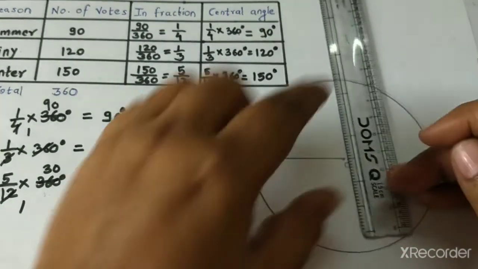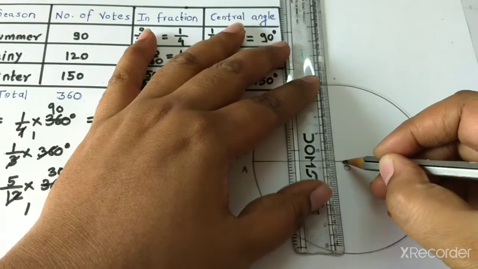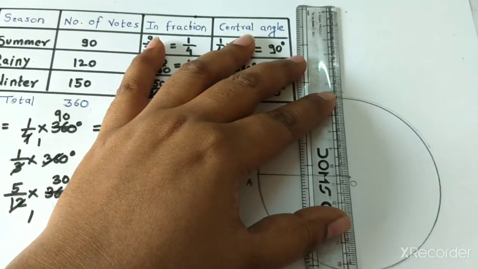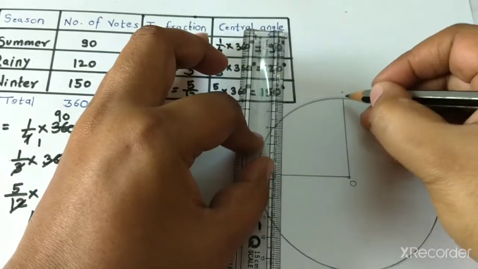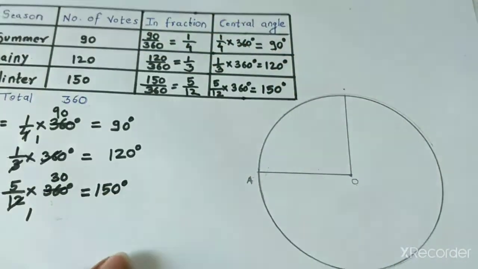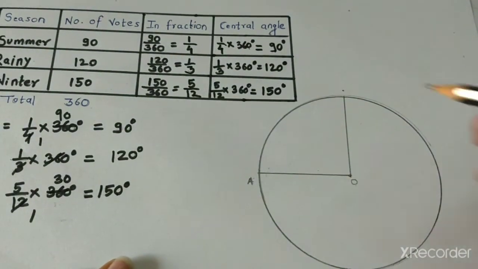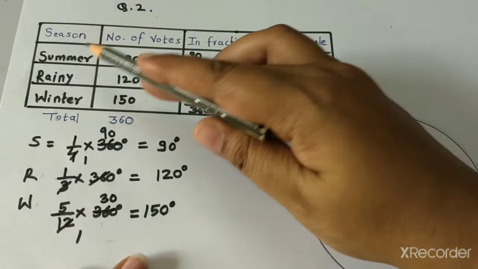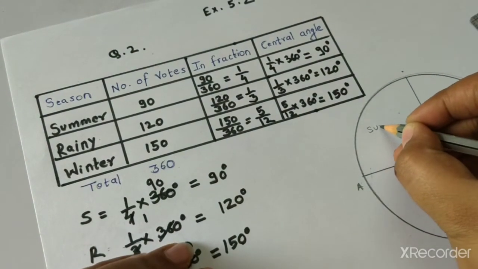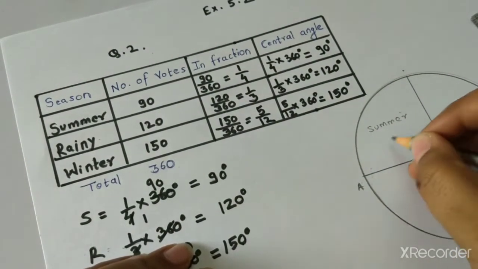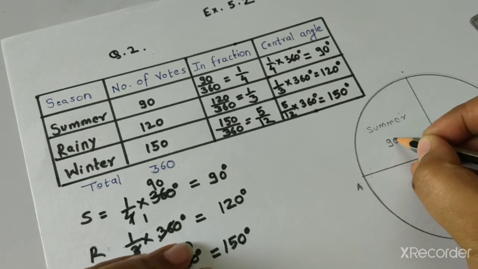Take a scale and draw a line touching the circle through the point which you have already got. So this is your 90 degree. And what season is 90 degree? Summer season. So you can write in this, summer, that is 90 volts.